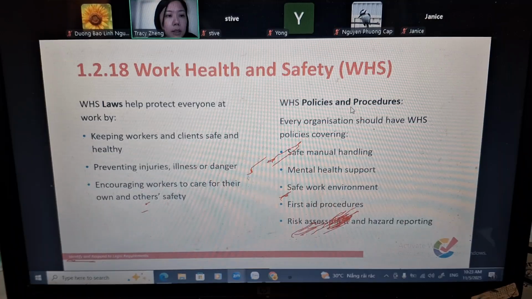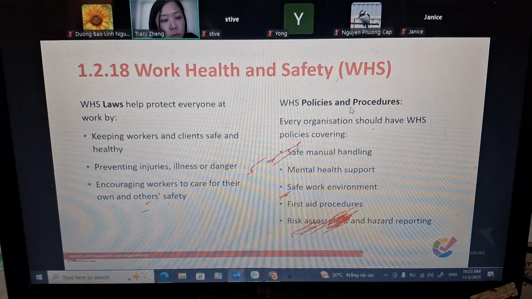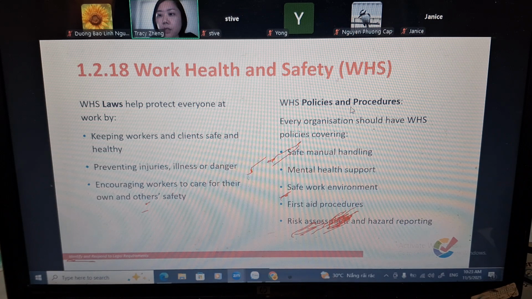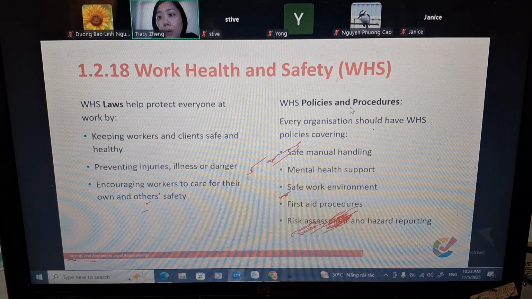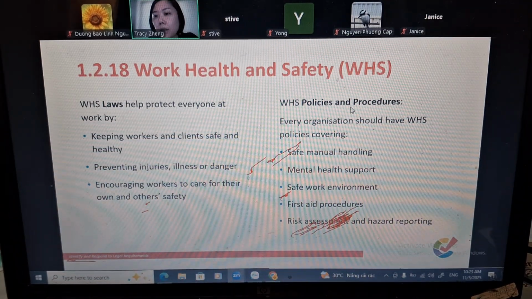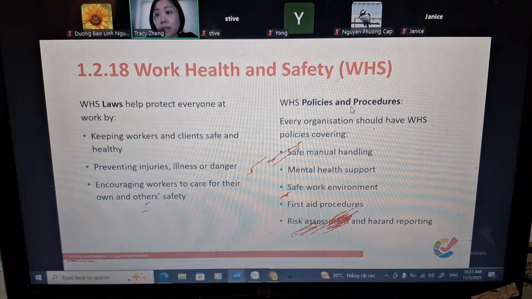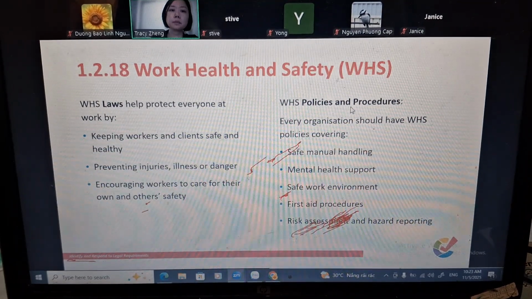And this legislation encourages workers to care for their own and others' safety, which we have mentioned: we are not only protecting our clients' safety or ourselves, we also need to make sure other visitors, colleagues or anyone else in the workplace are safe as well, right?